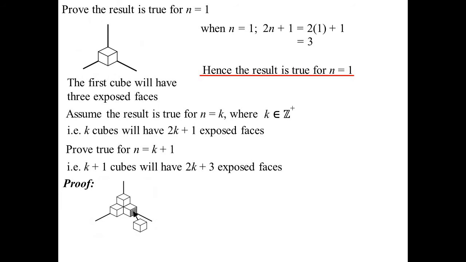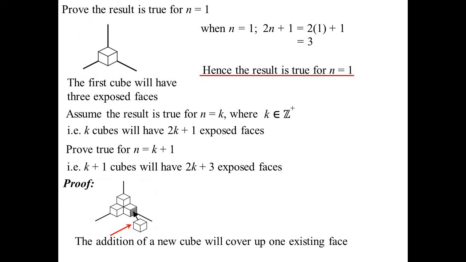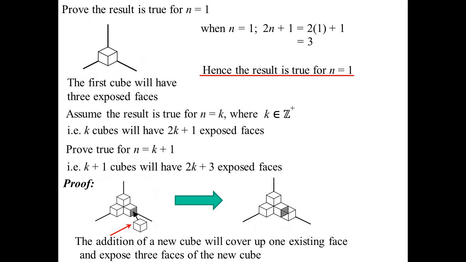Now, what will happen with the addition of the cube? It's going to cover up, and I've shaded it in, it's going to cover up one of the existing faces. So I've lost one of the existing faces. But it will leave 3 faces of the new cube. So I've lost 1 face of the old cubes, but I've added 3 extra faces. So all up, I've added 2 extra faces.